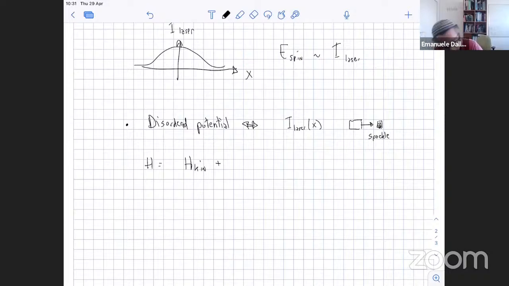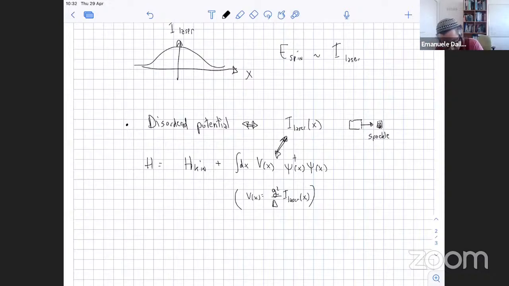And the potential is going to be some integral over space of V(x). V(x) is the potential at position x, which, as we discussed, is proportional to the laser intensity. So V(x) could be something like g squared over delta times the intensity of the laser, a function of x, times the number of atoms at this position.